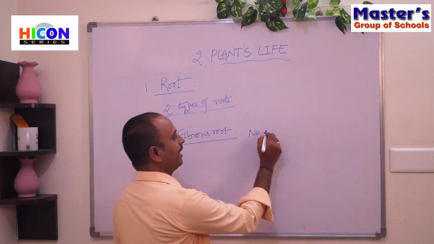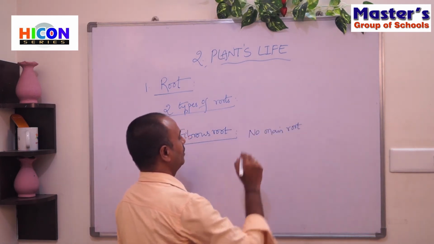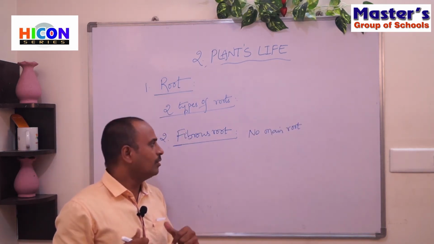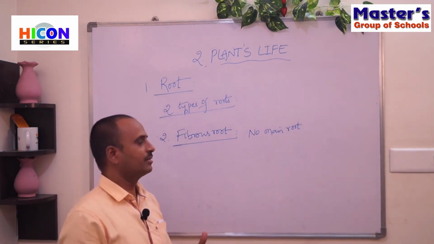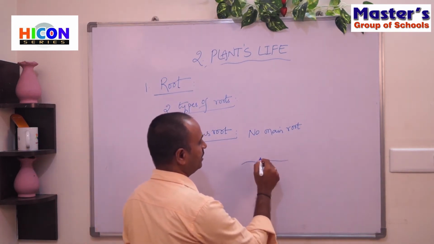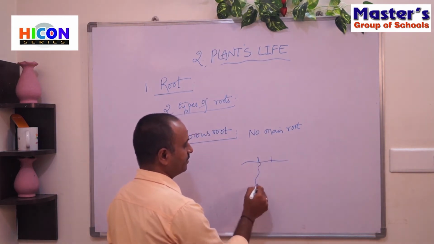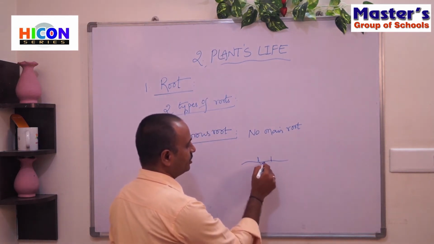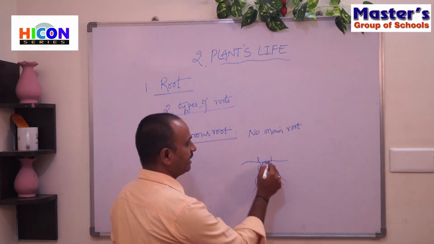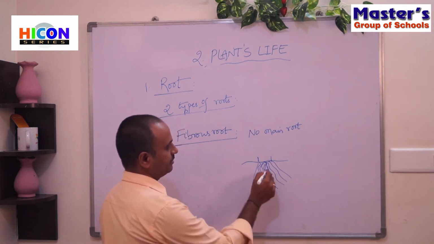Here, many tiny roots will be attached to the end of the stem. This is the soil, and here is the stem of the plant. A large number of tiny roots will be attached to the end of the stem.